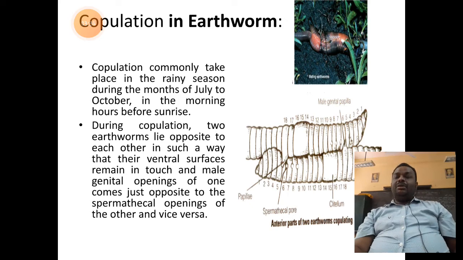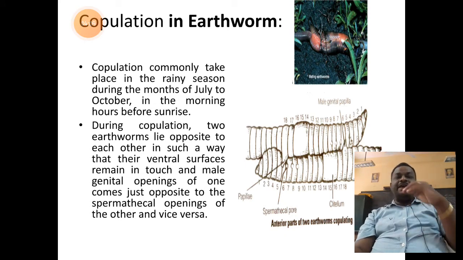At most early morning or dawn time of rainy season, two earthworms of neighboring or adjacent burrows merge out of their body and place themselves in the opposite directions as shown in the picture here, such that their ventral surfaces of the two organisms will face each other.